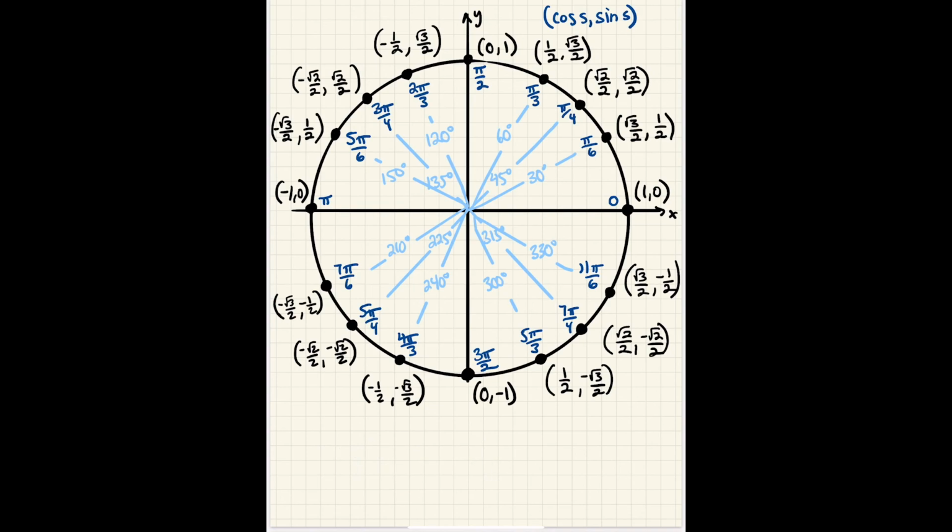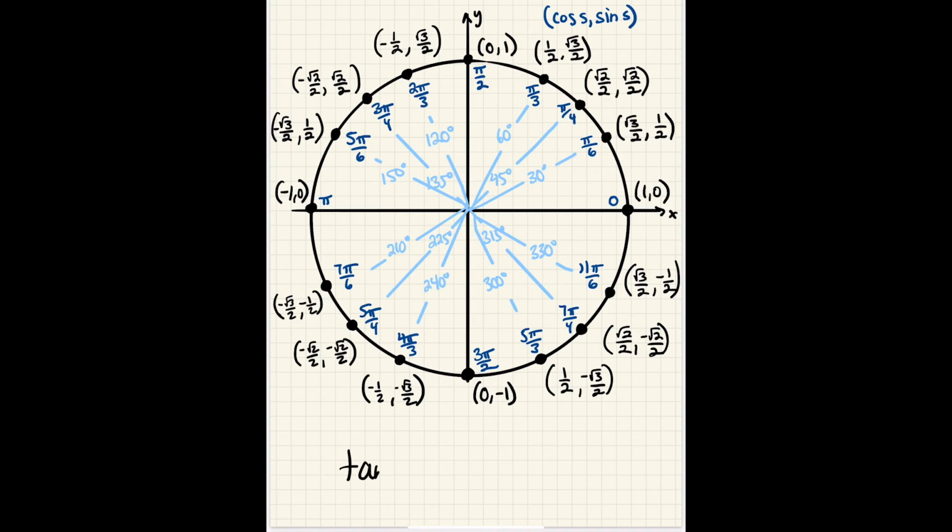But let's first even show you that quadrantals are easy. For instance, how about cosine of 3 pi over 2? Well, we can locate 3 pi over 2, which is right here. And cosine value is the first coordinate, so that's 0.